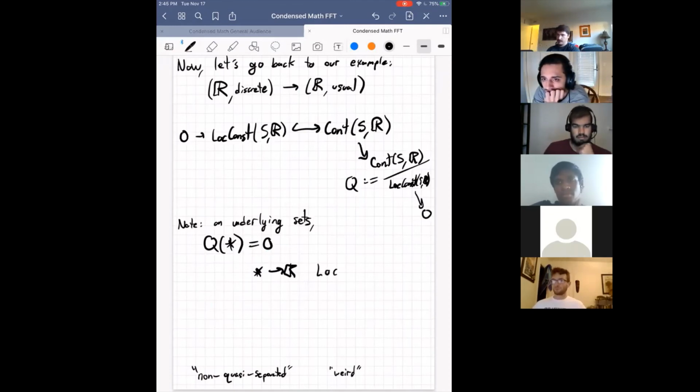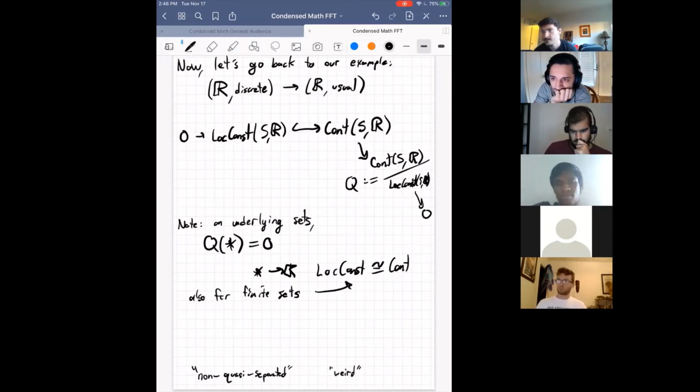So locally constant is the exact same thing as continuous. Forgive my sort of lazy notation here. And in fact, on any finite set, we also have this. Locally constant and continuous are the same thing, but only when we get to the infinite sets.